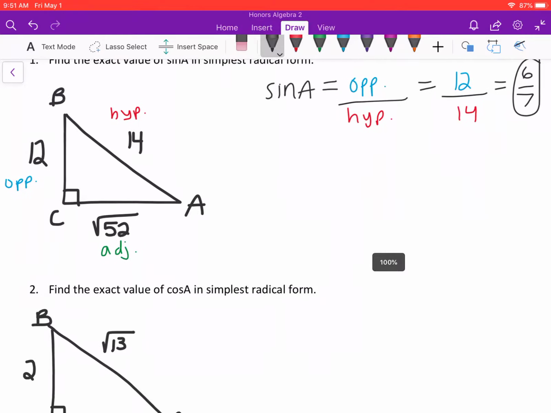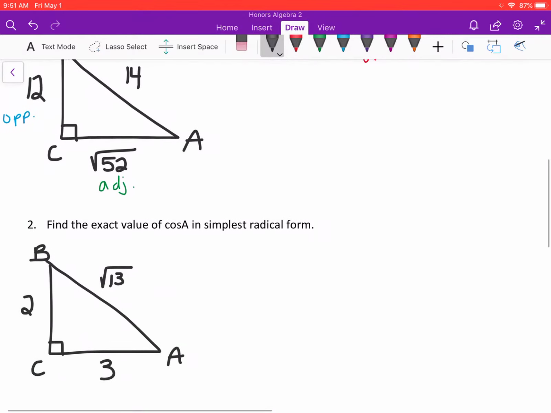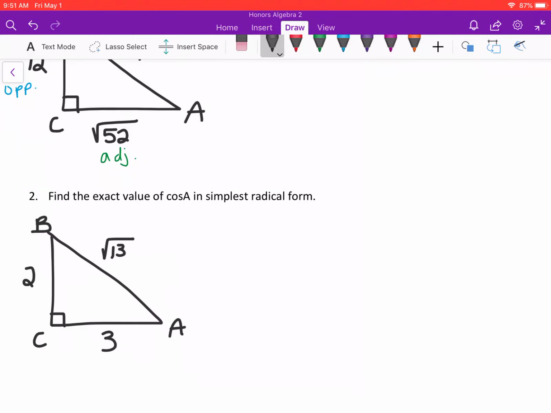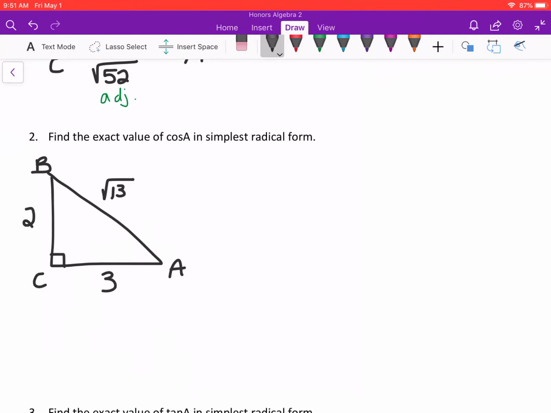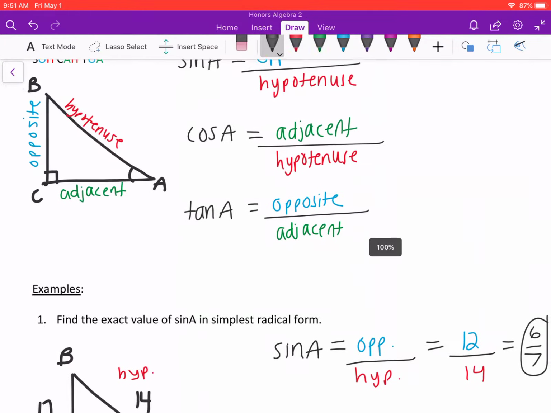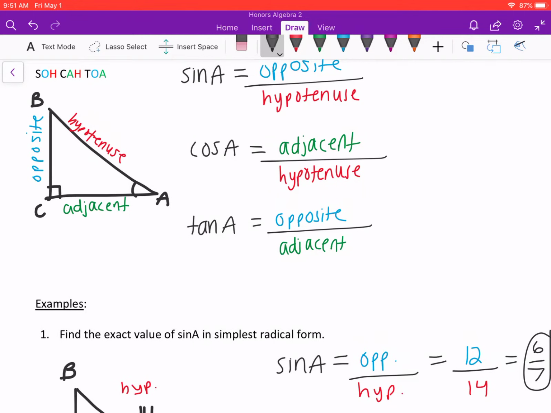Our next problem, we have another triangle here, and we're looking for cosine of A this time. So let's scroll back up and see what we need for cosine of A. Cosine equals adjacent over hypotenuse. We're using this middle function here.